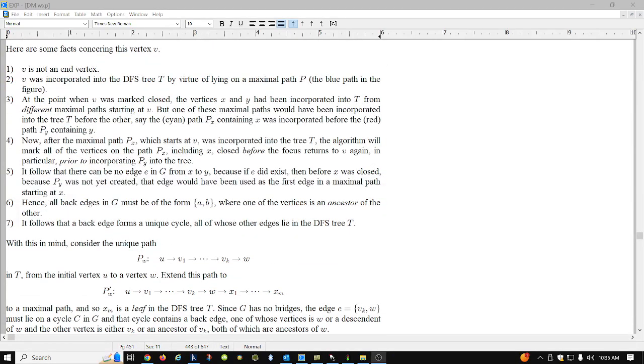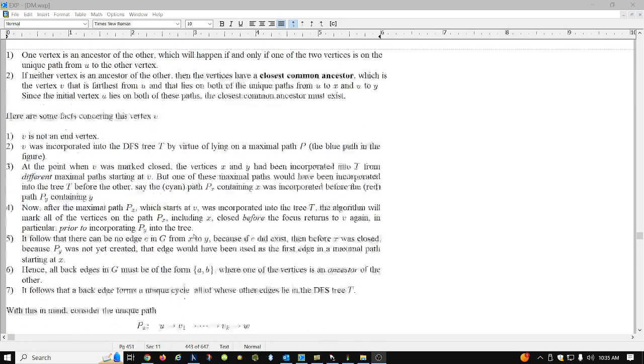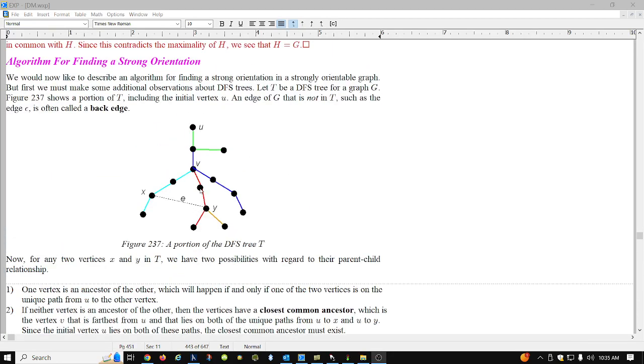So this has profound consequences for what we're trying to do, because it means that a back edge forms a unique cycle. It's got to be part of a cycle because there are no bridges. A unique cycle, all of whose other edges lie in the tree. So if there is an edge from, let's say, this last vertex here to this vertex, it obviously forms a little triangle, all of whose other edges are part of a maximal path. They're in the tree.